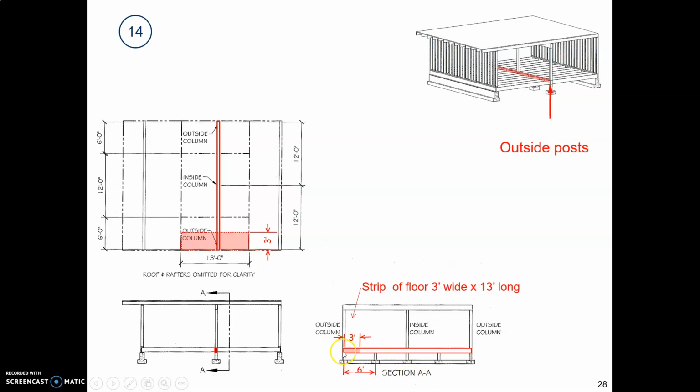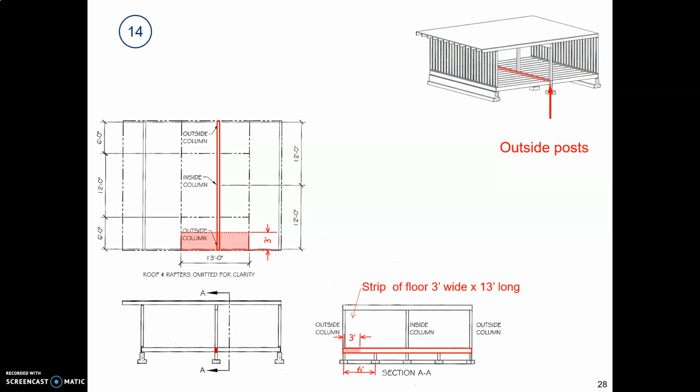That means that from the outside to halfway to the next post is 3 feet. So here in the top view, the plan view, here is our tributary area of floor that's being supported by that outside post. It's 3 feet wide and 13 feet deep.